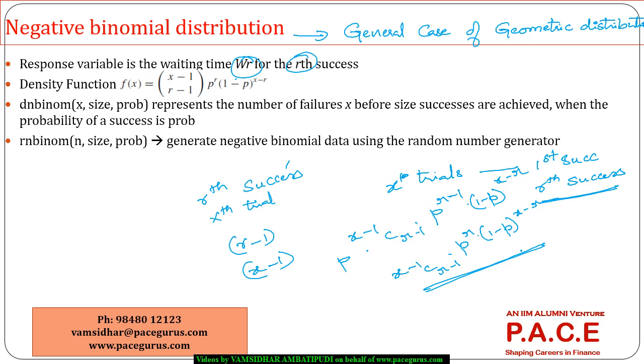So instead of taking the first success, we are specifying an additional parameter, r, because we want to look at the rth success instead of the first success or the second success, whereas in geometric by default it takes the first success itself. So that's a small difference between the negative binomial distribution and the geometric distribution. Alright.